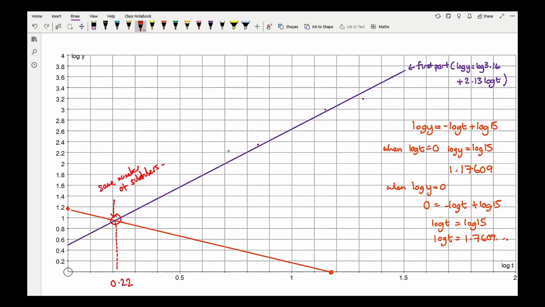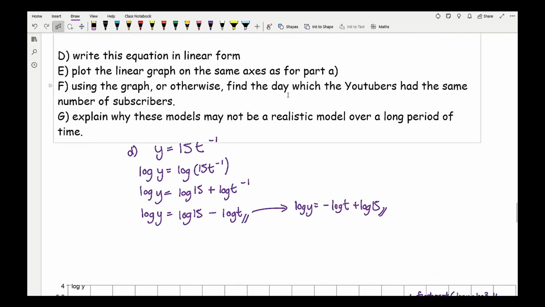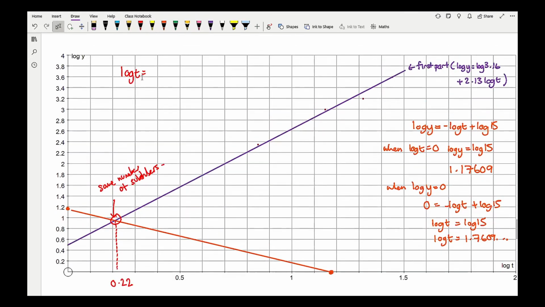So I'm looking for the day, so I'm looking at t. If it was the number of subscribers at the same time, then I'd be looking at log y. Here log t is 0.22.